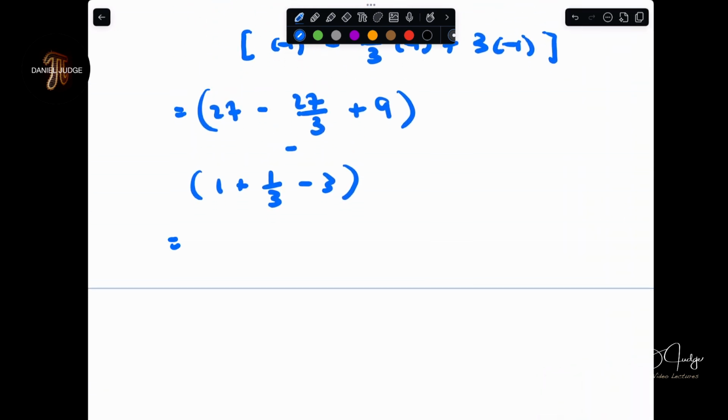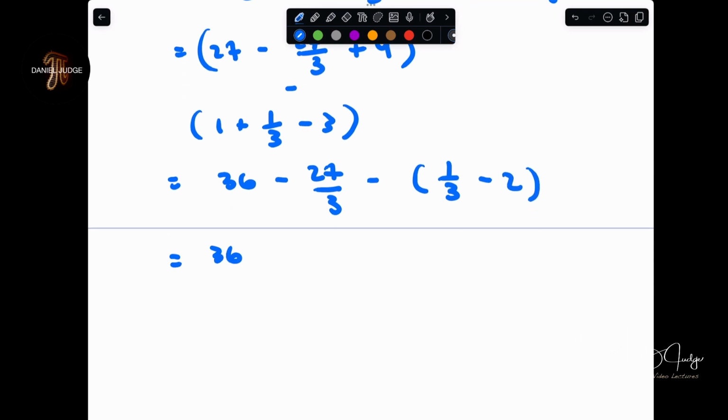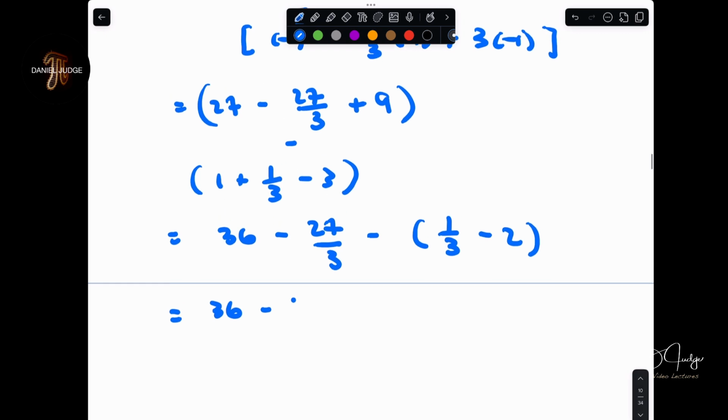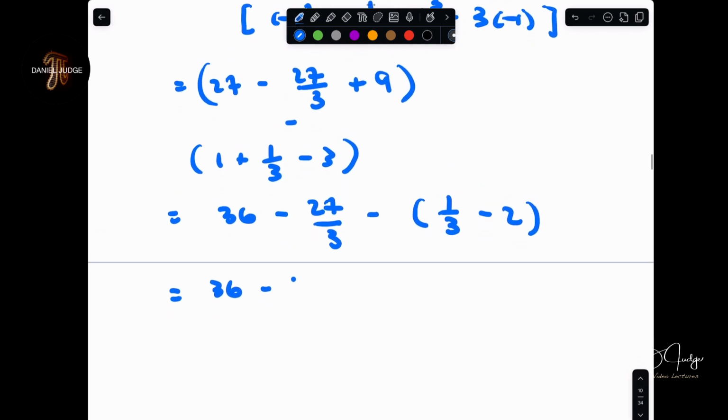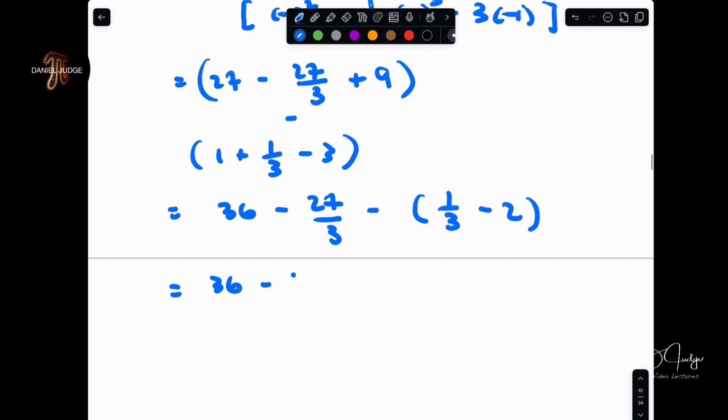So now 27 plus 9, you're going to get 36 minus 27/3. Minus, in parentheses here, 1/3 minus 2. Why don't we say 27/3 is going to be 9, right? Is that 9? Yeah. All right.